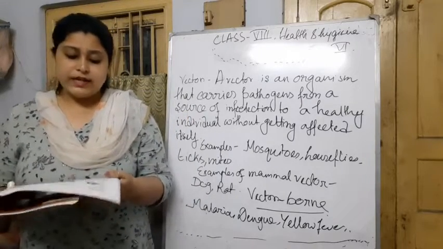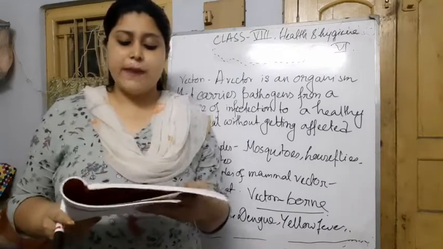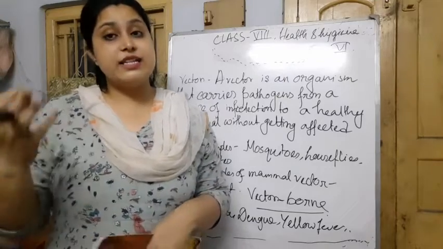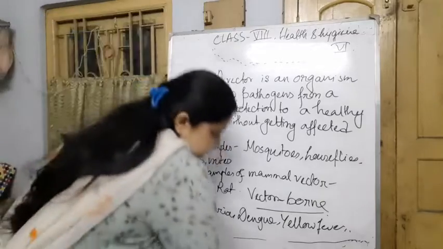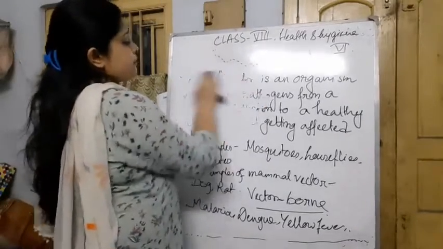Now we will start with the common vectors and the pathogens of diseases carried by them, and in the next video I will continue with it. Let me erase this vector part and write from here.